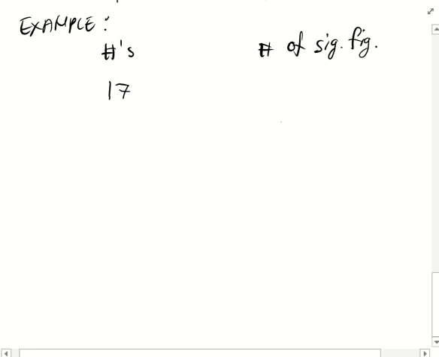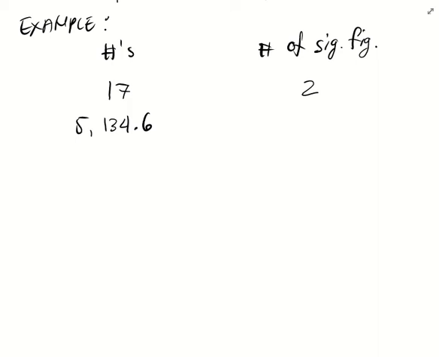So 1 and 7, these are non-zeros. So rule number 1 says that all non-zeros are considered significant. So we have 2 significant figures. Next, how about 5,134.6? All of them are non-zero again, so we can apply rule number 1, so all of them are significant. So how many? 1, 2, 3, 4, 5. There are 5 significant figures.